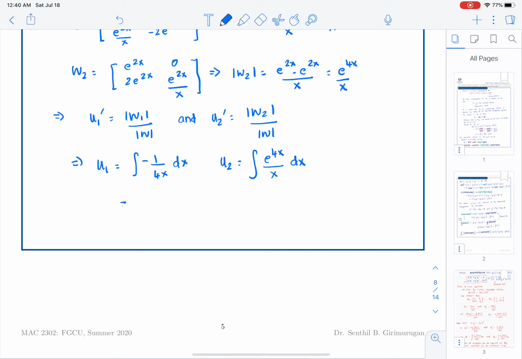Now, the first integral is easy. We'll simply have negative 1 over 4 ln of x. The second integral, however, we cannot integrate. We have to do it numerically. But we can write it using fundamental theorem of calculus. We can rewrite it as integral from some constant x naught to x of e raised 4t over t dt. And we will just leave it as is because we cannot integrate. This is using fundamental theorem of calculus.